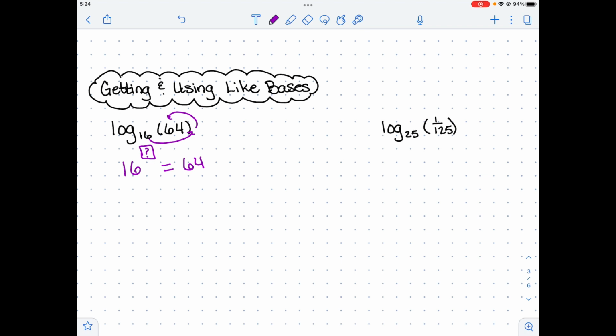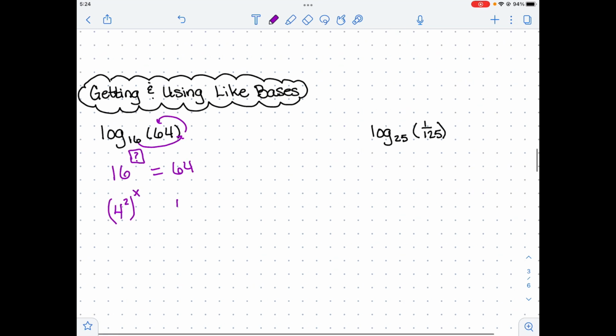So thinking about 16 and 64, both of them we can write as a base of 4. 4 to what power gives me 16? Well, that's 2. So I'm just rewriting the 16 as 4 squared, and I'm still going to leave my little question mark, I'll turn it to an x up here. And then for 64, I can write it as 4 to the 3rd.